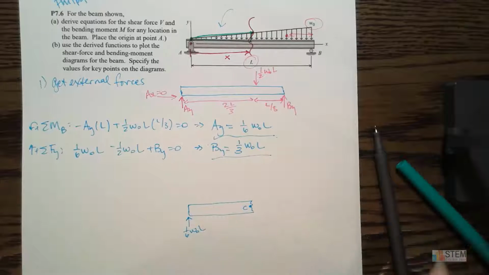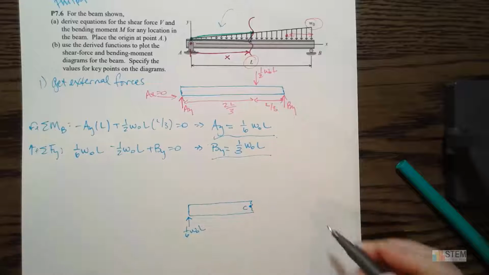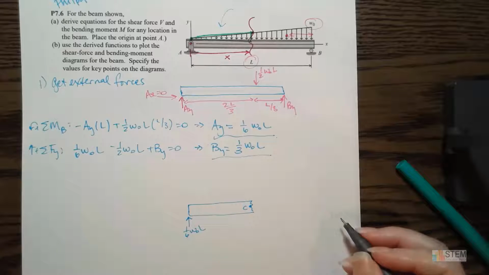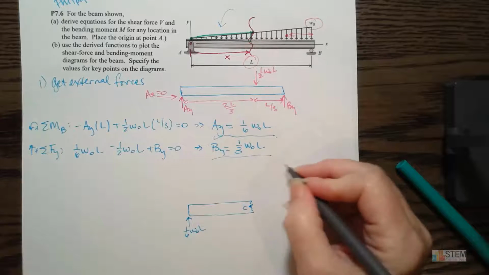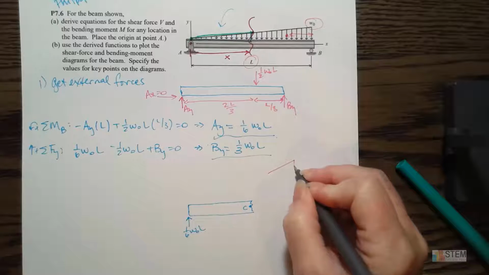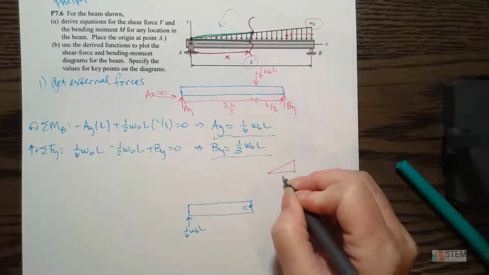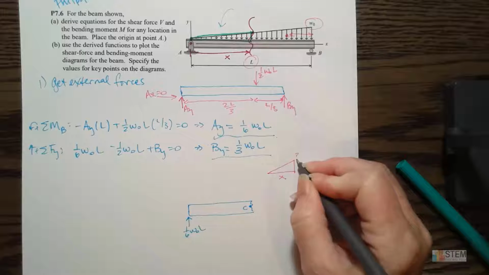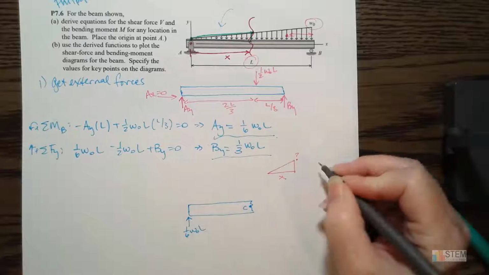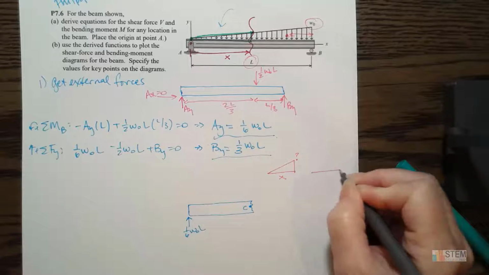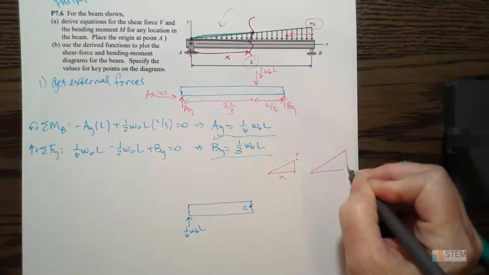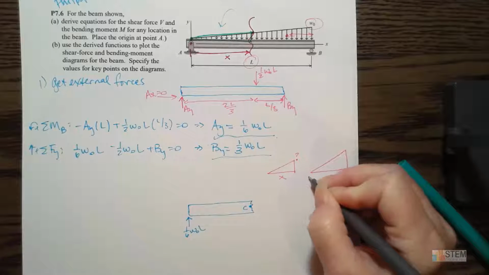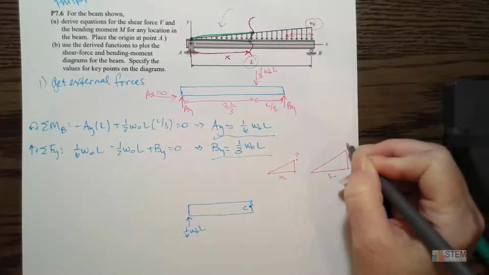And the easiest thing to do for that is basically use a similar triangle type thing. So let's look at that. If this is X, I want to figure out that intensity. And then if I look at the original distributed load, this is L, and this is W0.